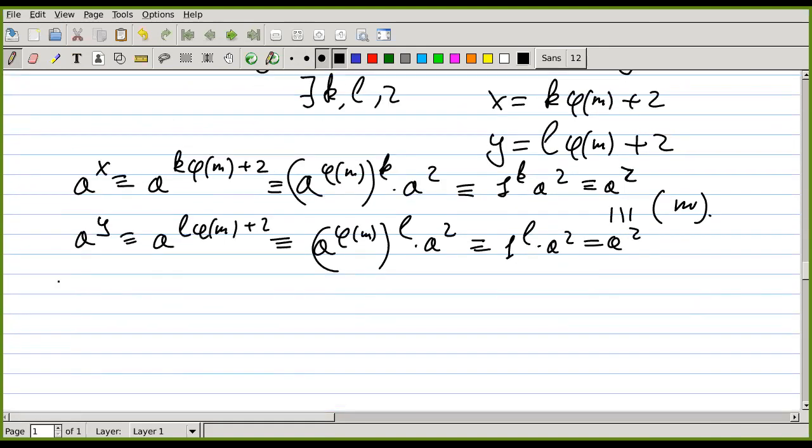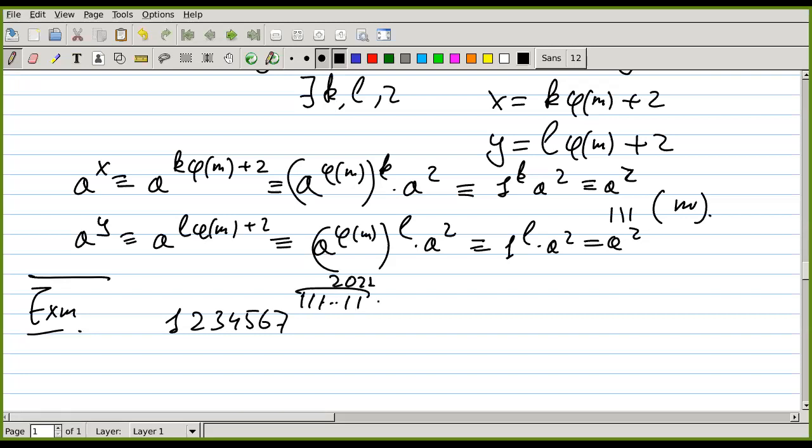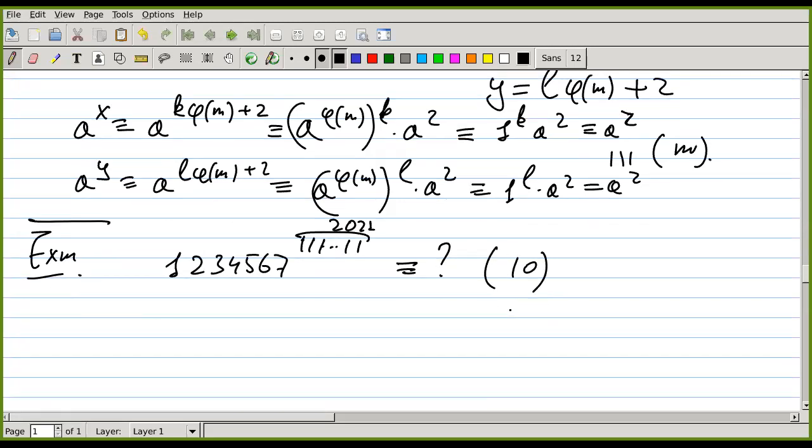And now let's consider a numerical example. Assume that I want to know the last digit in this number, 1, 2, 4, 5, 6, 7 to the power n, where n is 7 to the power 7, many times, say 2021 times. I want to know the remainder modulo 10, the last digit.